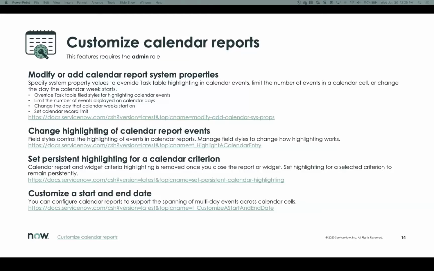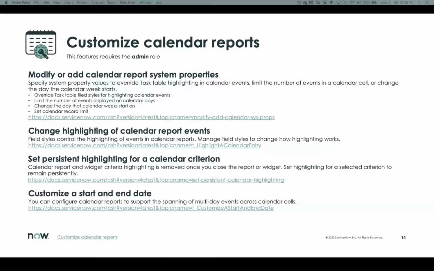If there are extra things you want to do inside of a calendar event, if you want to highlight specific things that come up in the calendar based on the reporting you're looking at, if you want to change the day that the calendar week starts on, or limit the number of events displayed, you can do those things.